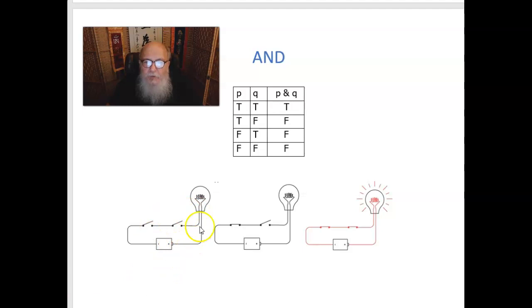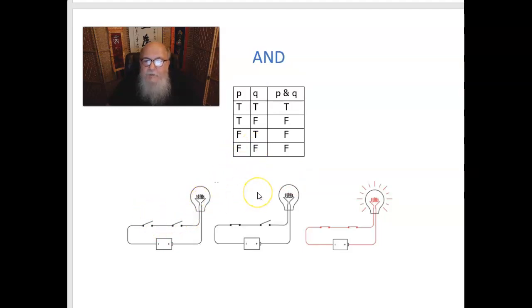Consider a simple electrical circuit. Here's our power source, here's our battery, and we have two gates, right? And both of these little gates are open, and you have to close both gates to make the light bulb light up. Well, consider this one. That's like false and false. They're both open.